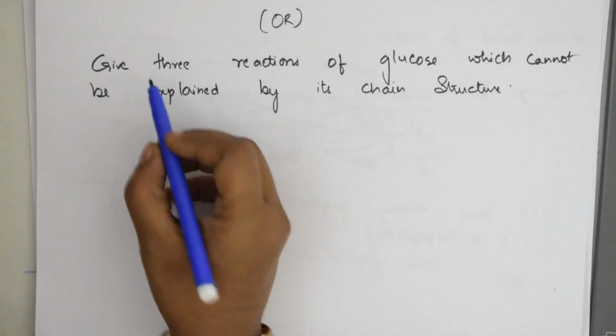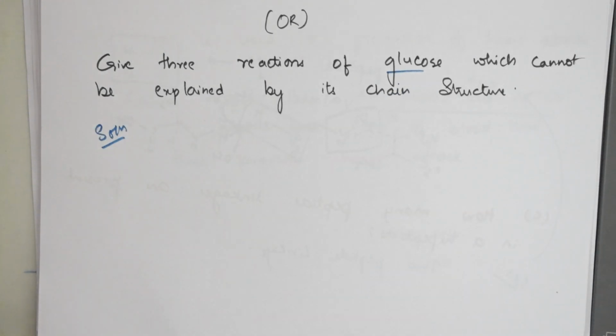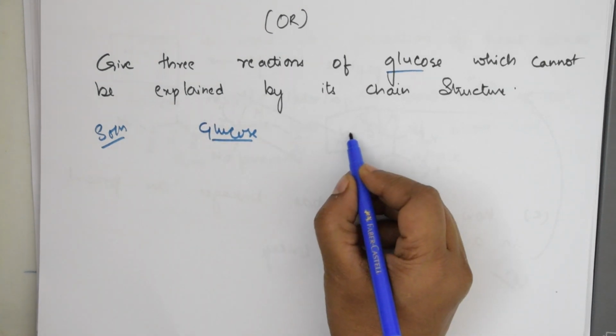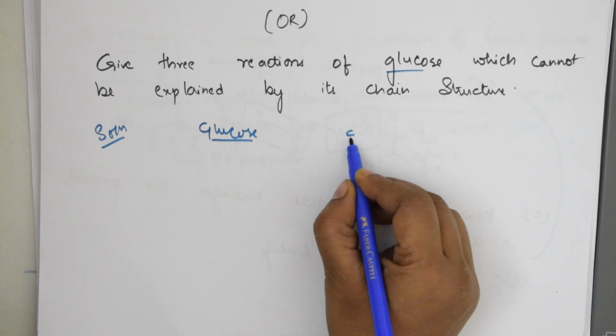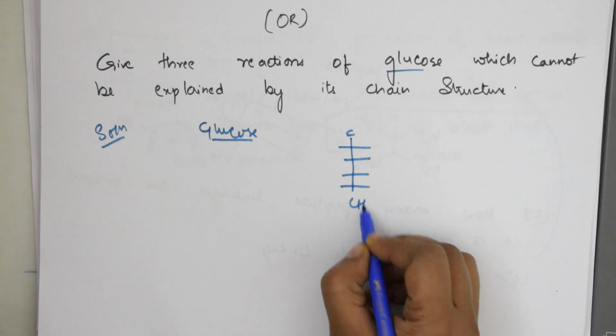Whenever we speak about glucose or fructose, it is going to show a Fischer projection structure, a Haworth structure, and a closed ring structure, meaning it forms a cyclic structure. Now when the glucose molecule shows a cyclic structure, how is it? This is your carbon: 1, 2, 3, 4 and CH2OH.